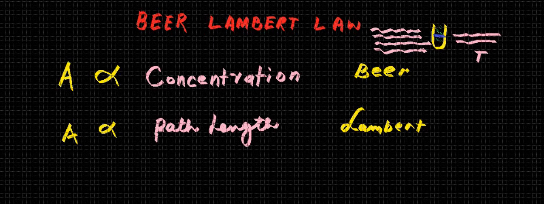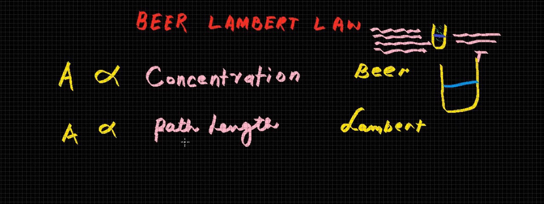Say if we have a container which is relatively larger in size, we'll have a longer path length, and a longer path length means there will be more analyte particles coming in the path of the electromagnetic light beam.